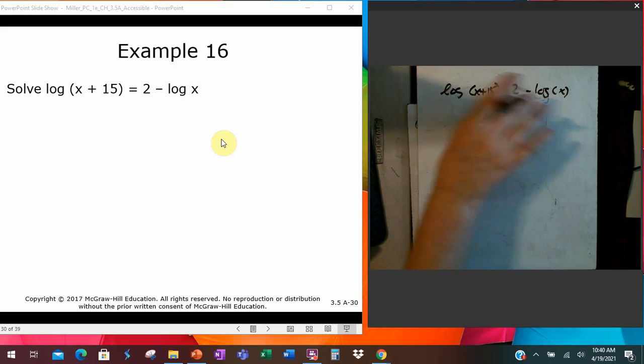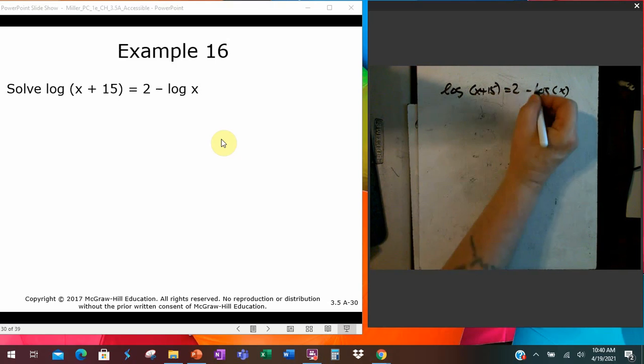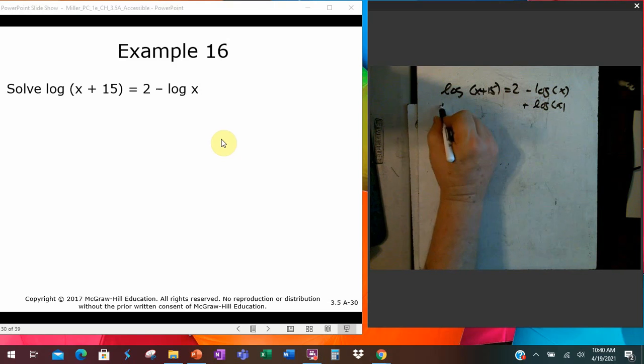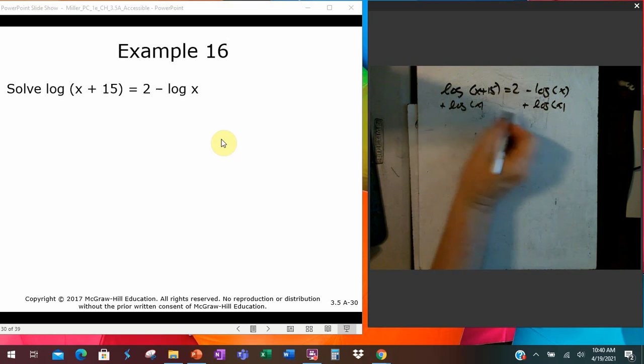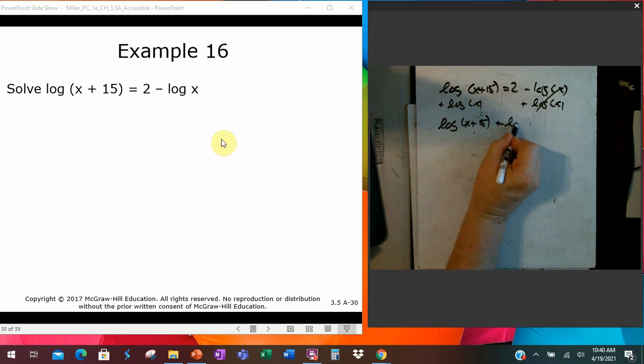I'm going to get all of my logs over on one side, my numbers over on the other. So to get this to happen, I'm going to add log x to both sides. I'm going to do that to get rid of that. Okay, so log of x plus 15 plus log of x is equal to 2.